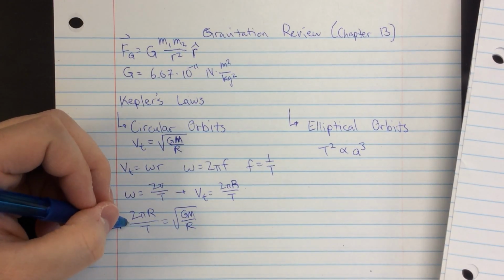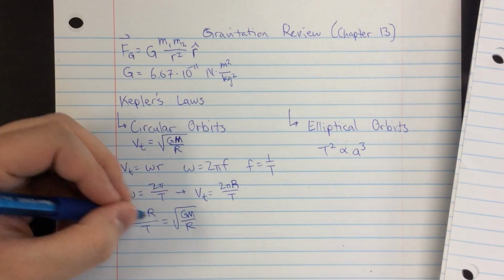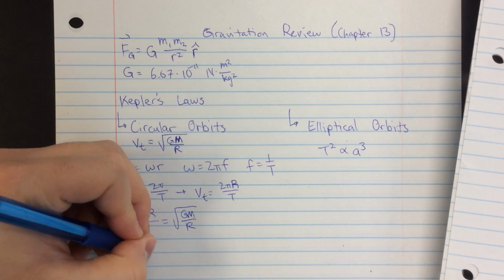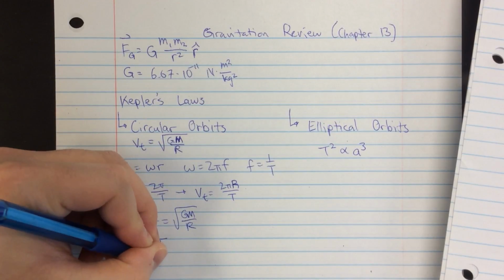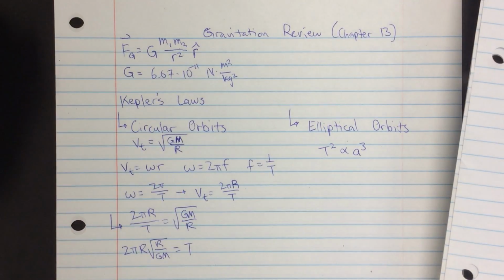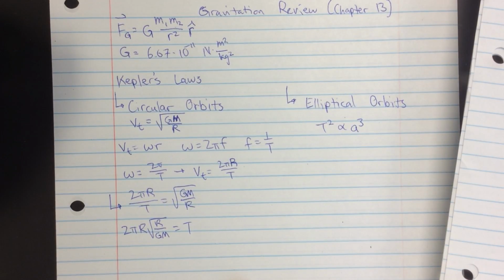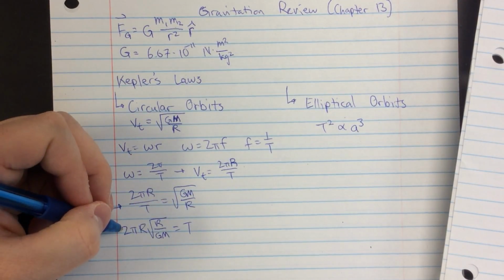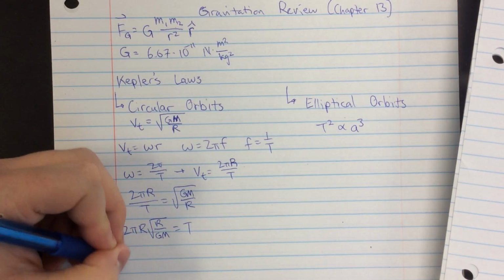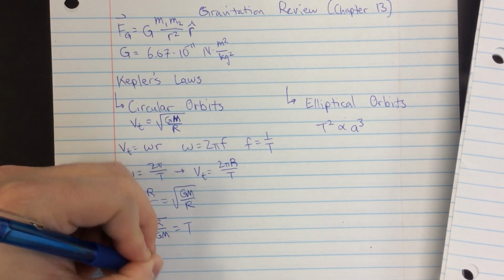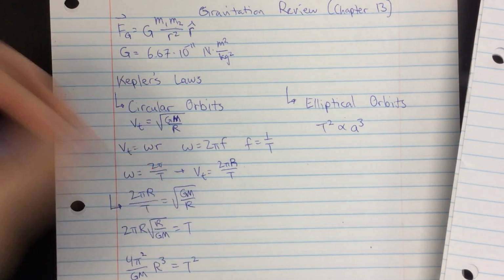So you'll get 2 pi r square root of r over GM equals T. Or if you square both sides, you get 4 pi squared over GM times r cubed equals T squared.